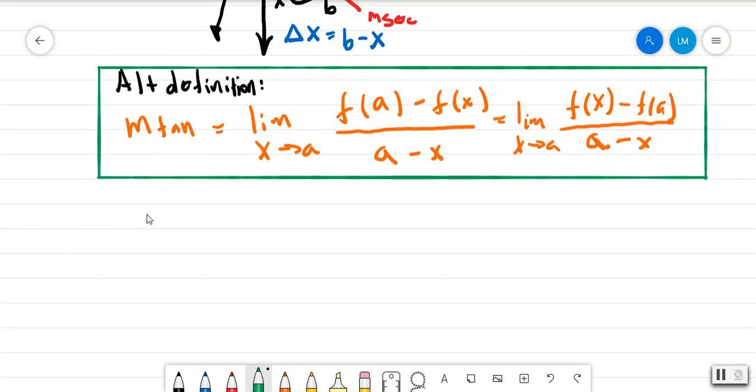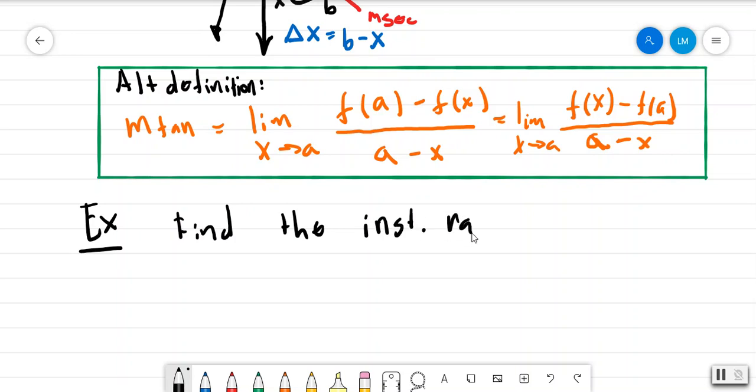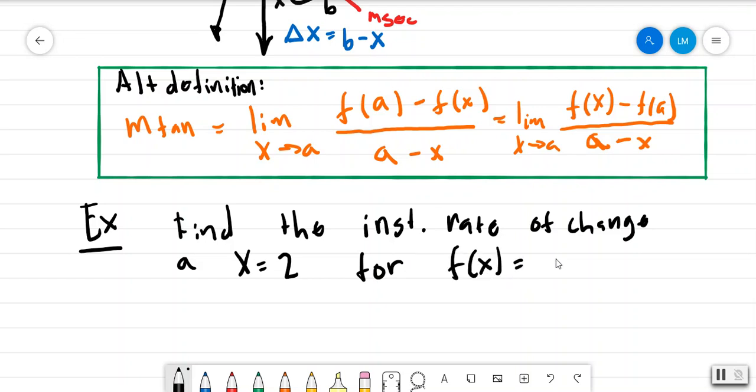For example, let's look at an equation where we're trying to find the instantaneous rate of change at x equals 2 for f of x equals, let's say, x squared plus 1.